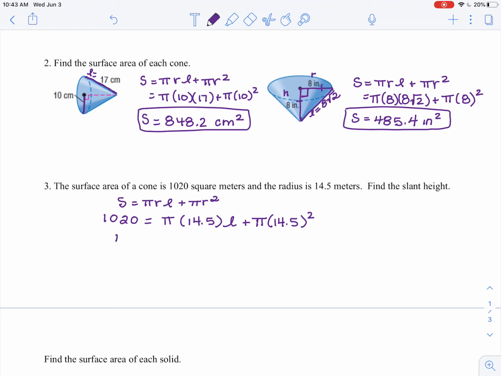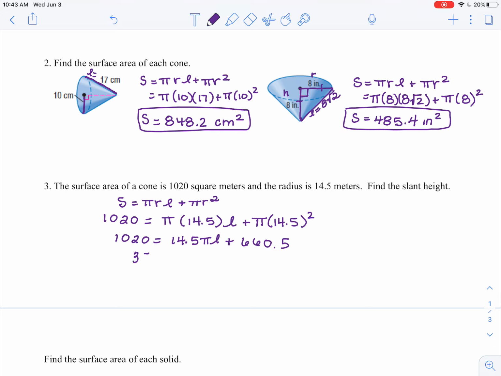Okay, I'm going to clean up the equation a little bit. So 1,020 equals 14.5 pi times the slant height, plus, when I put the area of the base into my calculator, I get about 660.5. To solve for L, we're going to subtract that 660.5 from both sides.